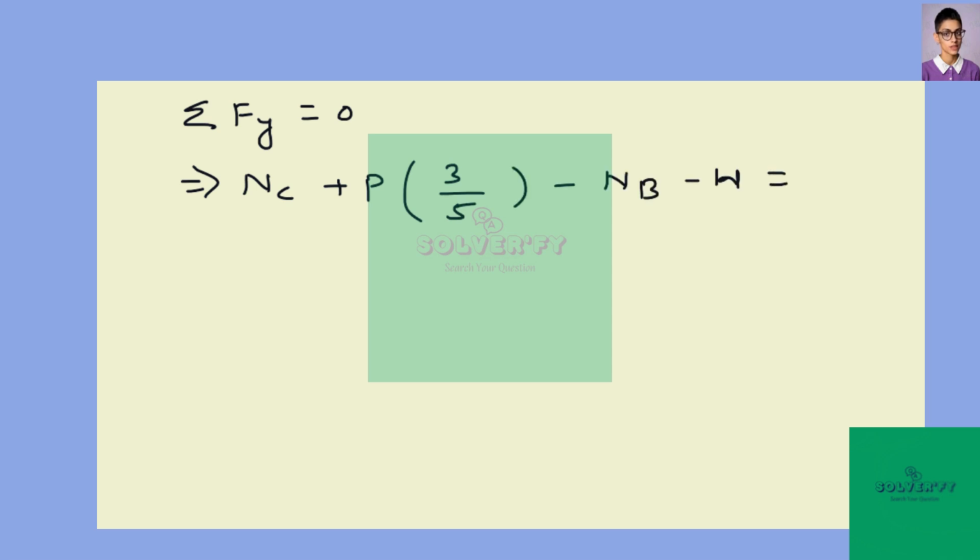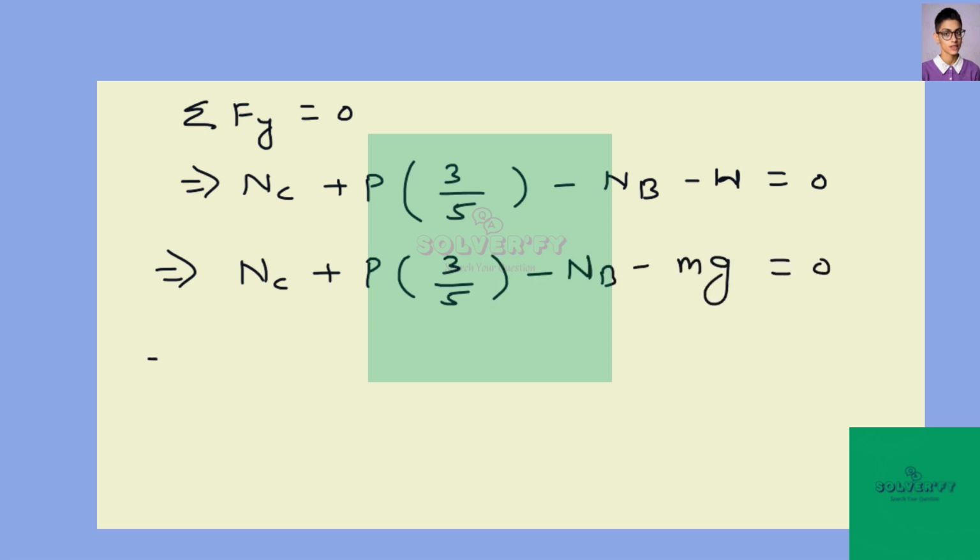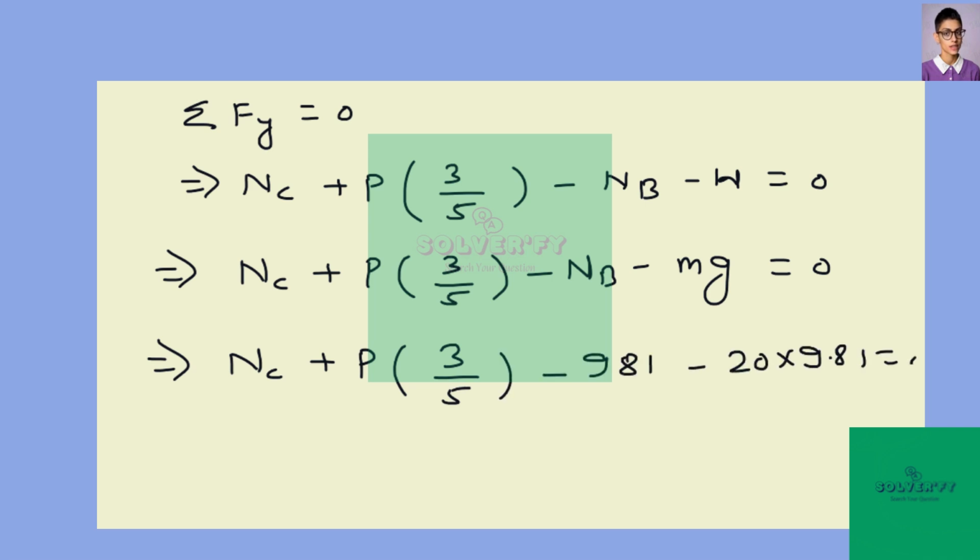Writing summation of Fy is equal to 0: Nc plus P (3 by 5) minus Nb minus W is equal to 0. So Nc plus P 3 by 5 minus Nb minus mg is equal to 0. Nc plus P 3 by 5 minus 981 minus 20 into 9.81 is equal to 0.